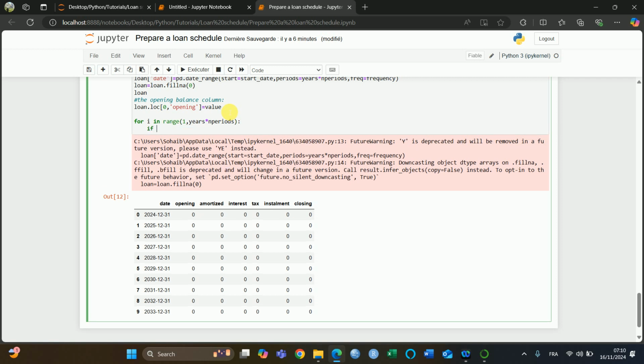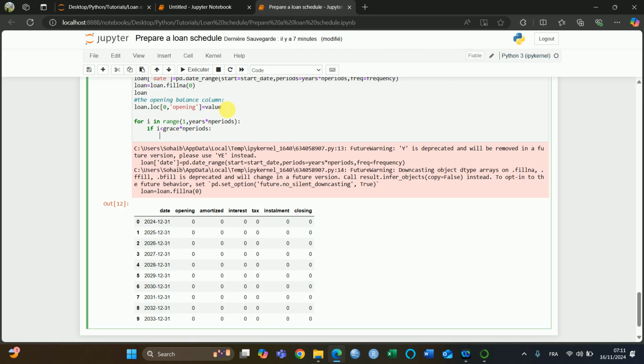So if e is lower than grace multiplied by n periods, which means the grace period, then loan.loc[e, opening] will be the value, which means the borrower did not pay yet the amortization.